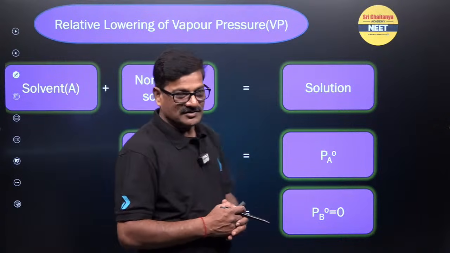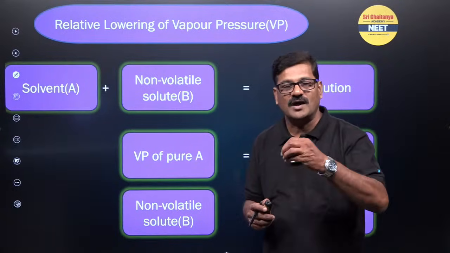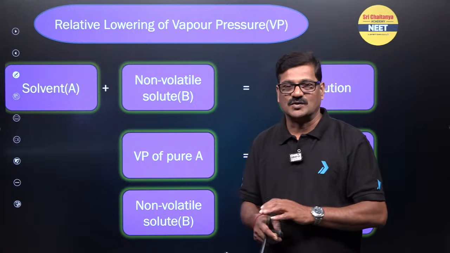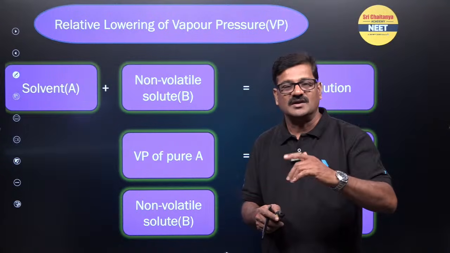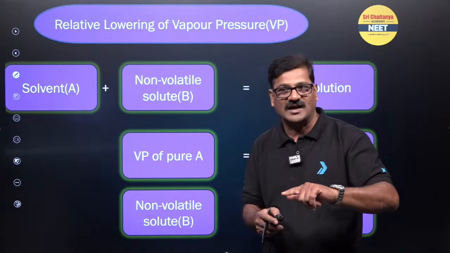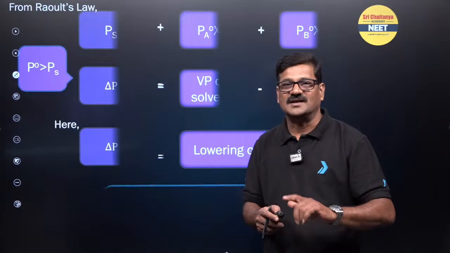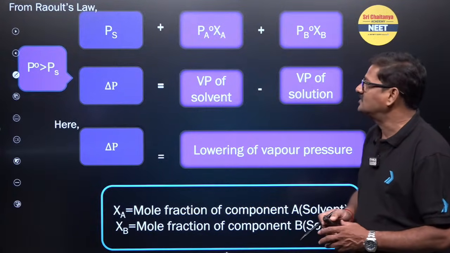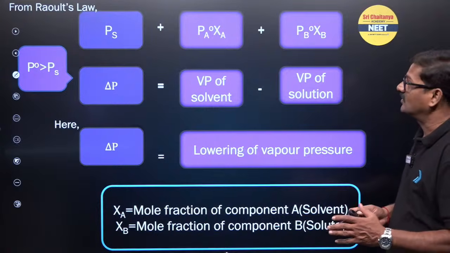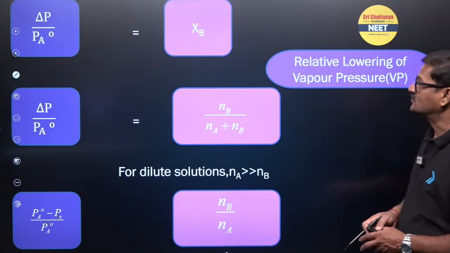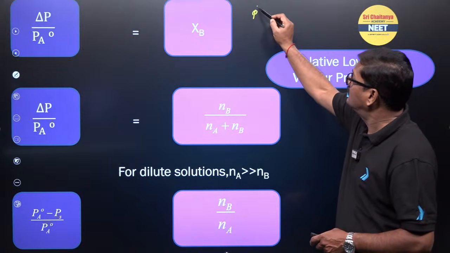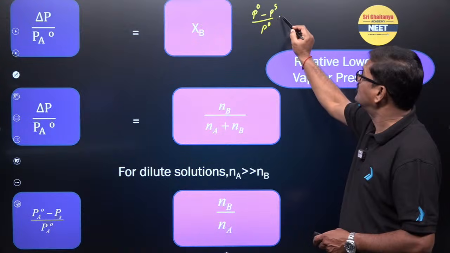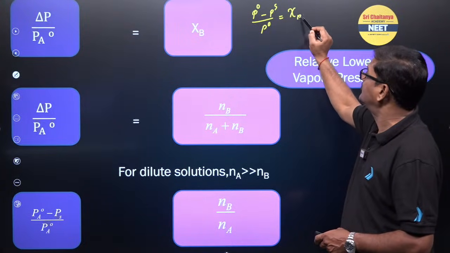When you add some non-volatile solute to the solution, the vapor pressure is going to be decreased. The relative lowering of vapor pressure is given as (P naught minus Ps) upon P naught, which is equal to the mole fraction of the solute.